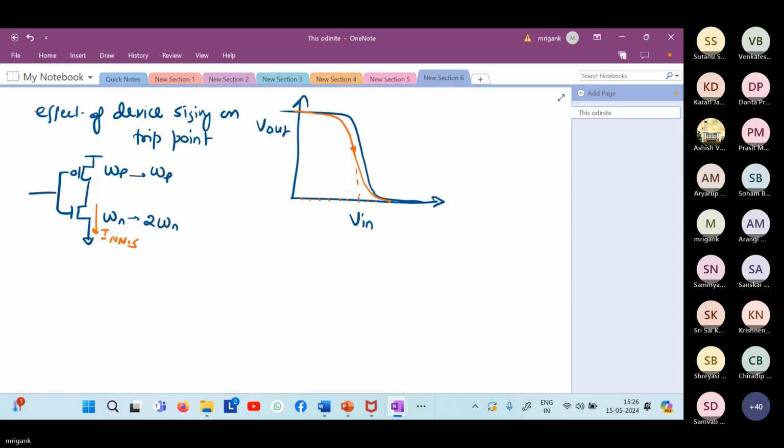Earlier, on the older curve, the output was starting to decrease at a certain point, and that decrease is happening because the NMOS current is becoming stronger. As you go on increasing the gate voltage, the NMOS current becomes stronger.